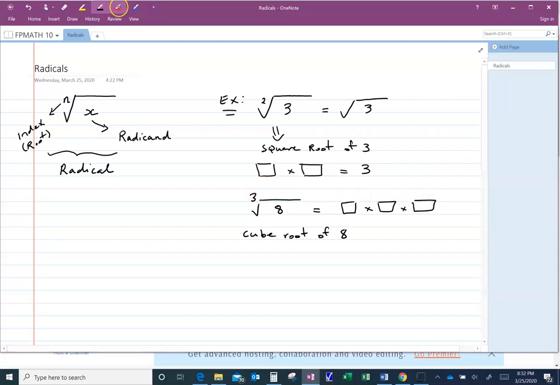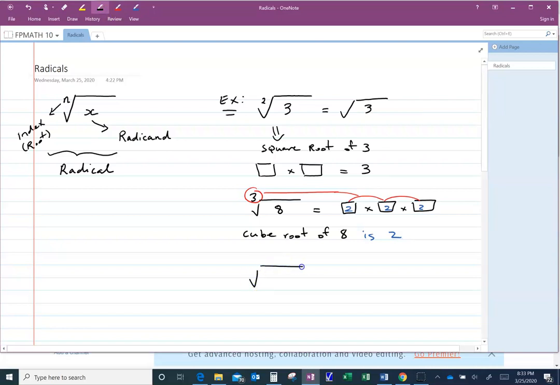This 3 is taken from here. So what number times itself 3 times will give you 8? We say the cube root of 8 is 2. And the examples just continue, and we can come up with many different examples.